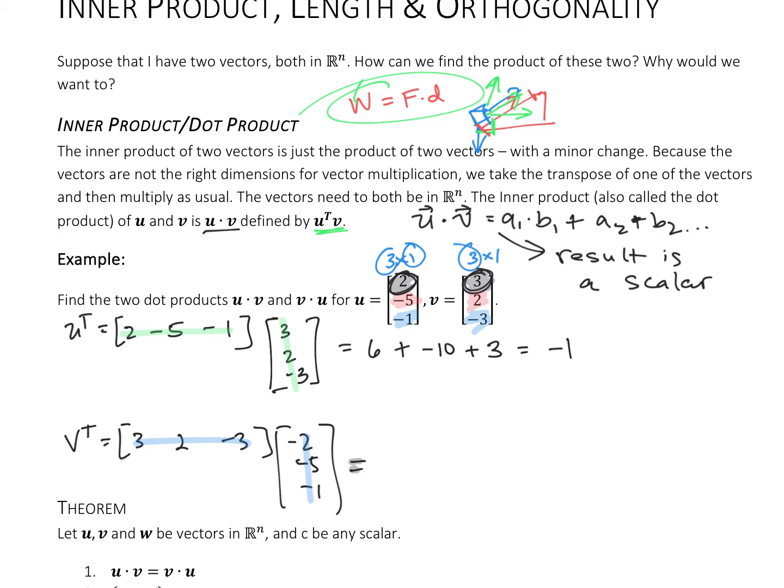It's not really multiplication in the sense that we would think about it, which is why it has a different symbol. And the result is no longer a vector, but a scalar.